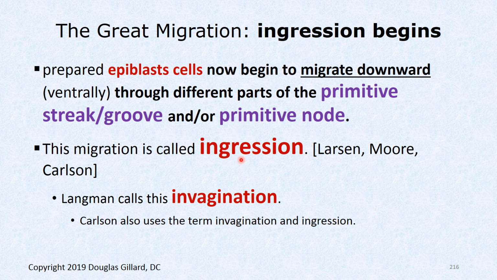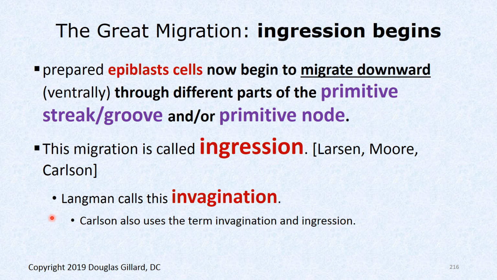Ingression is just migration. Langman, I wish he would stay with the other major books. He tends to go off on his little tangents and create words, but Langman calls ingression invagination. Moore does this too sometimes, so I shouldn't just pick on Langman. But we have Moore, a Board of Chiropractic Examiners book, saying this migration is ingression.